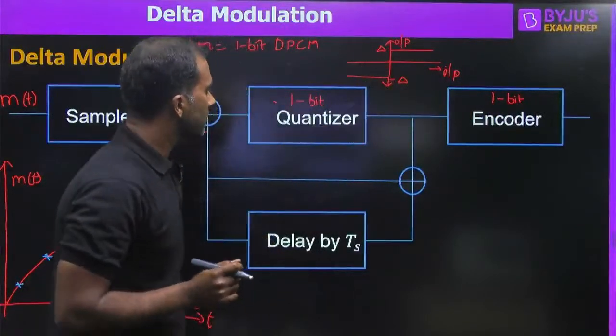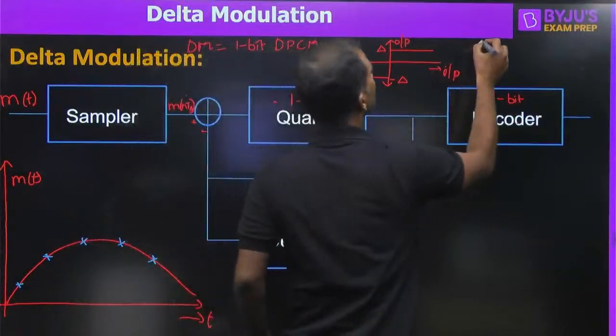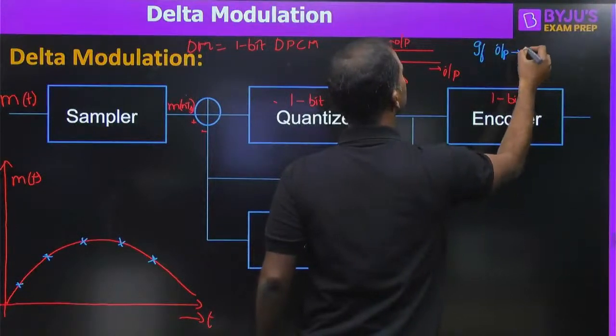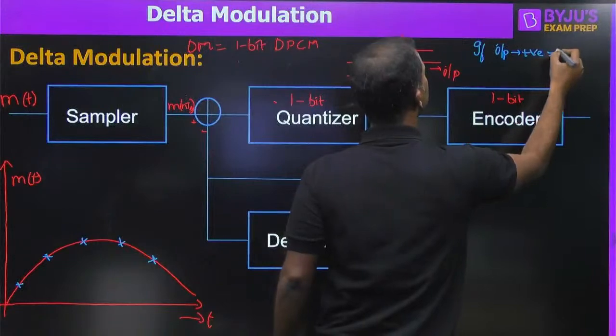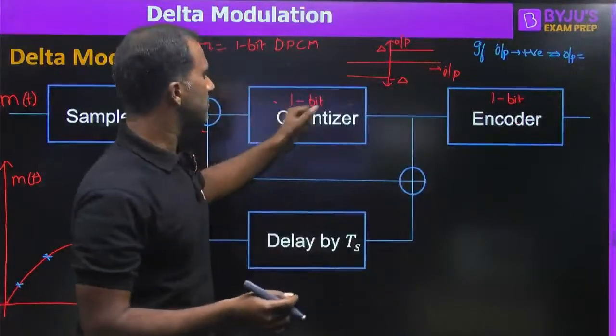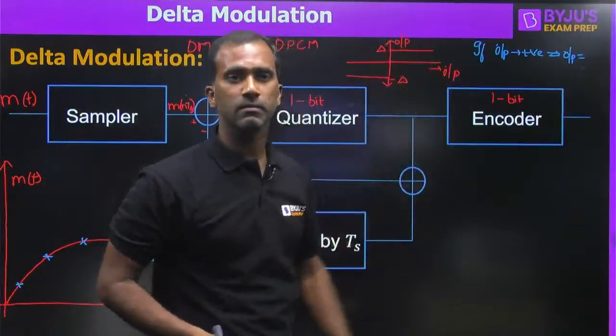What does the design say? If the input to the quantizer is positive, what is the output? Can anyone tell me? See the characteristic: if the input is positive, any positive value, the output will be delta, right?